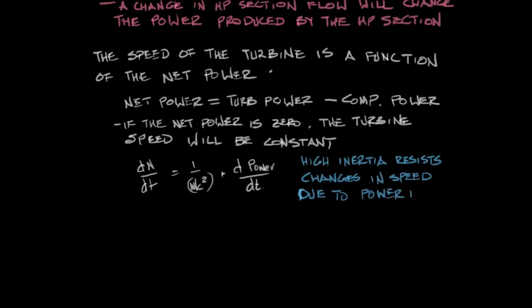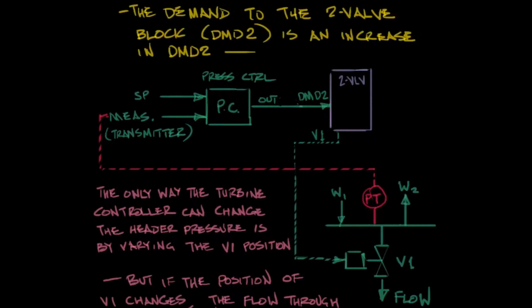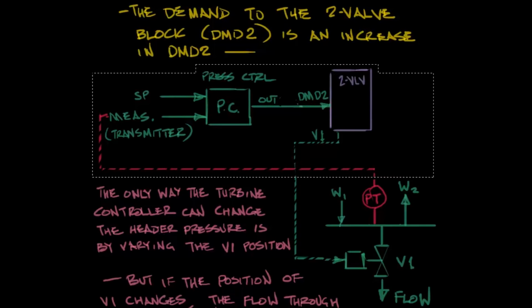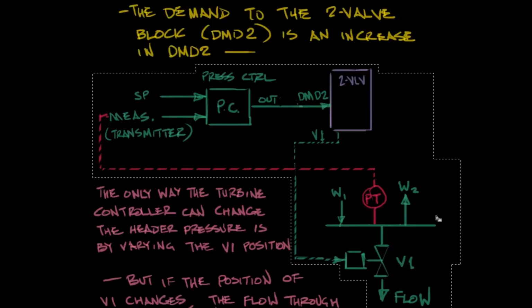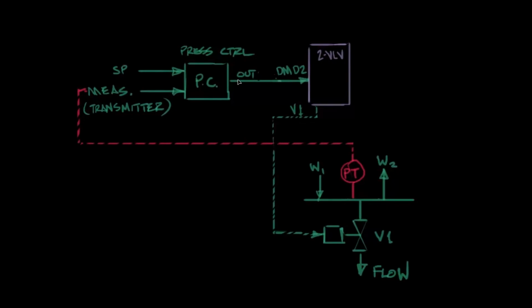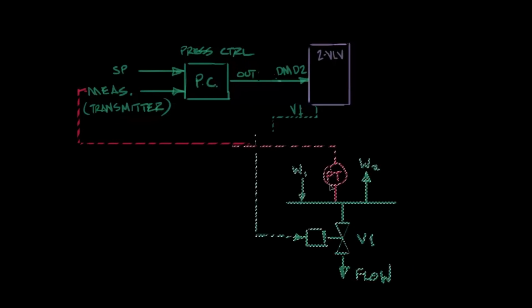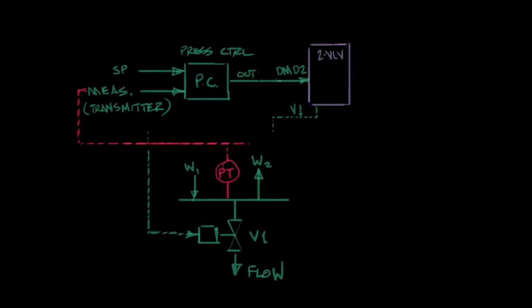So if you have a heavier rotor, it takes a bigger imbalance to get the same acceleration. That's not to say that you won't accelerate, it's just the rate of acceleration will be slower. But that's one of the things that we're trying to influence here, the acceleration of the turbine, as well with our speed controller.